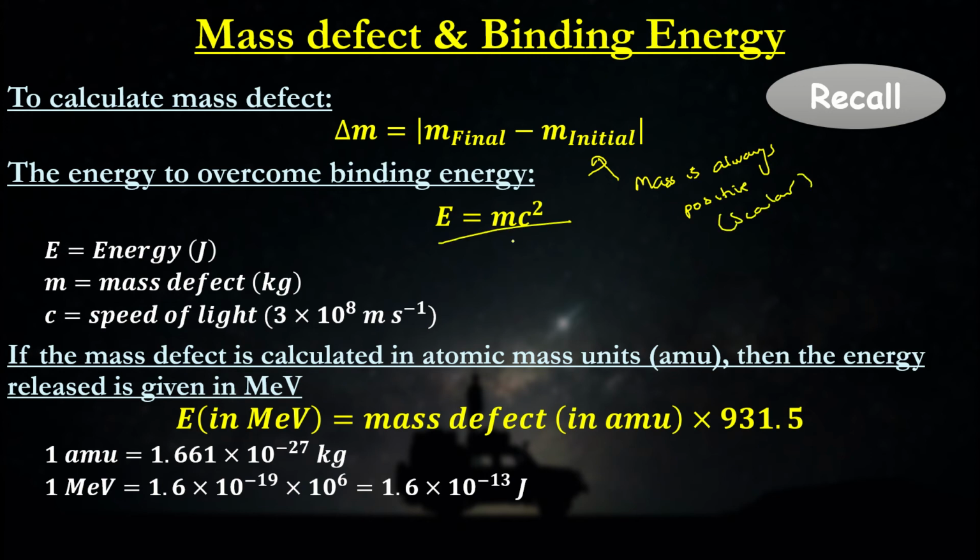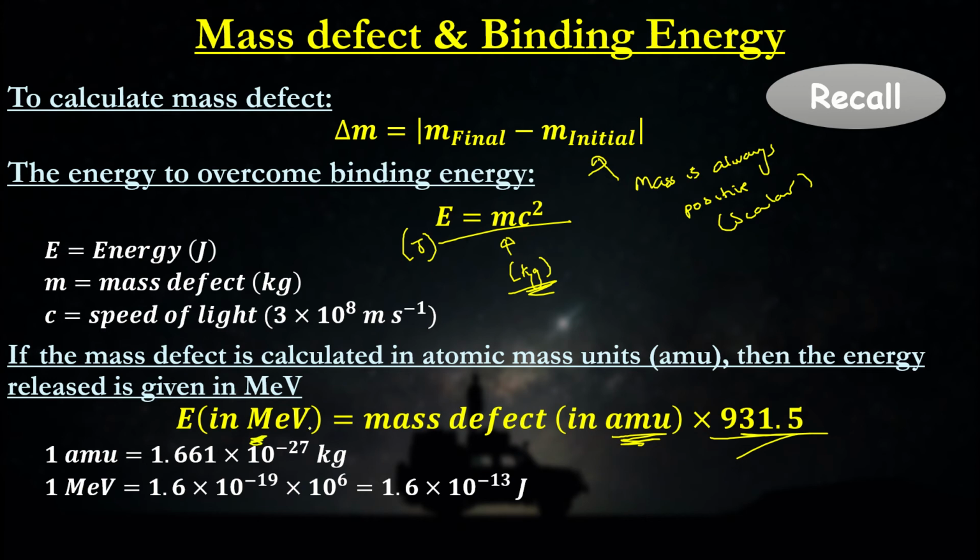When we're using this formula, it gives us the value in joules, but to get that, we need to make sure the mass is in kilograms. In the context where we have the mass in atomic mass units, we multiply by 931.5. This is the equivalent of c squared, but in electron volts, given in mega electron volts.